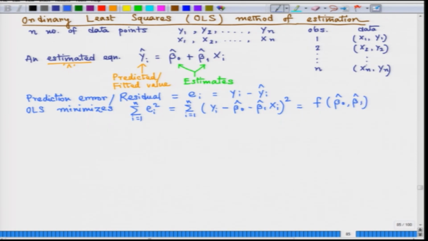So, the target is to find beta naught hat and beta 1 hat in such a way that this sum of squared residuals is minimized. We know how to minimize any function.